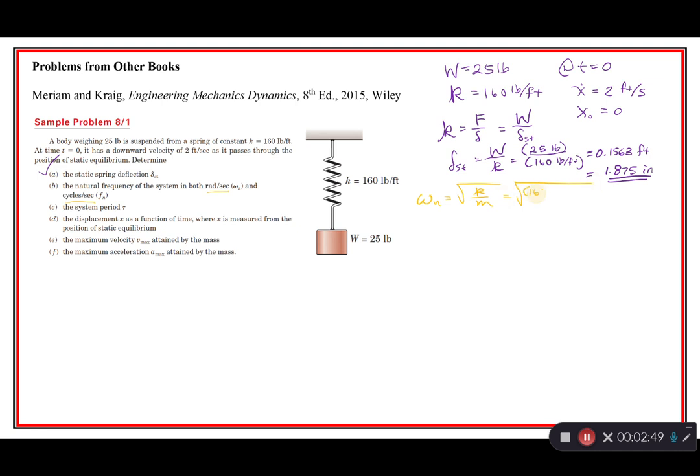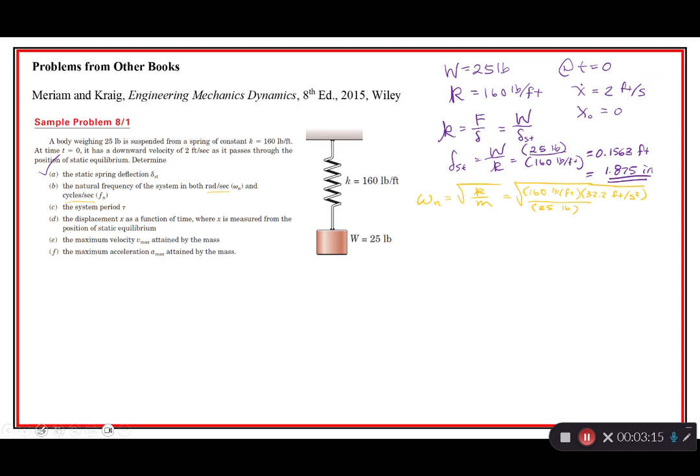Take 160 pounds per foot and divide by the mass, but we are given the weight, so we'll go 25 pounds. To get the mass from the weight, we divide by the acceleration of gravity, in this case 32.2 feet per second squared.